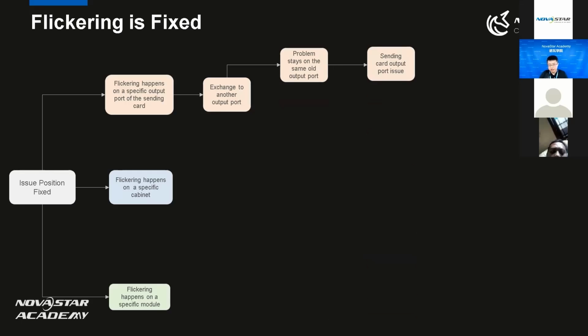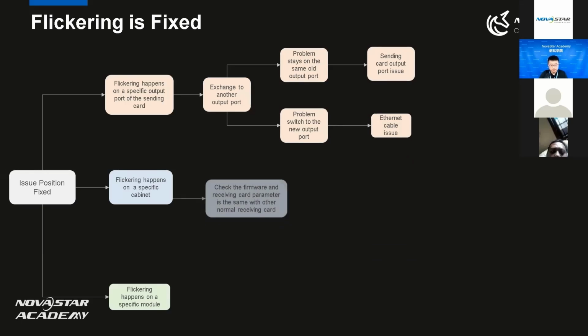If the issue stays on the old output port, it should be the sending card. But if you exchange to another output port and the problem switches to the new one, it means the issue relates to the Ethernet cable.